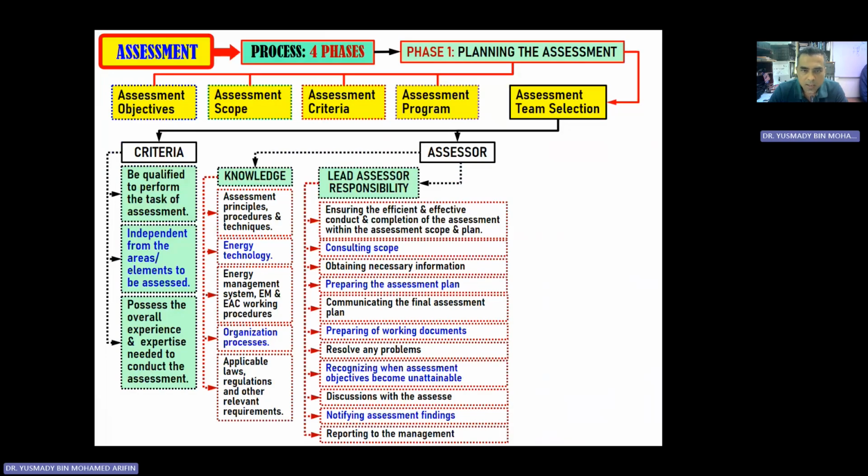So these are the responsibilities of the lead assessor.